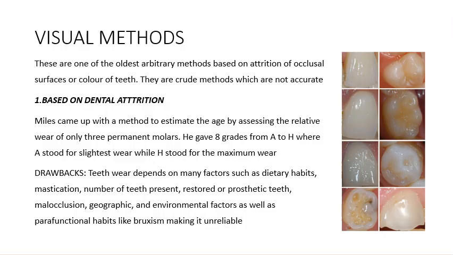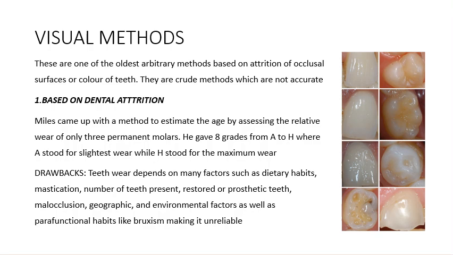This is a very crude method which is not very accurate and it's a very old method. The first type is based on the dental attrition. Miles came up with a method to estimate the age by assessing the relative wear of only three permanent molars. He gave 8 grades from A to H, where A stood for slightest wear and H stood for maximum wear.